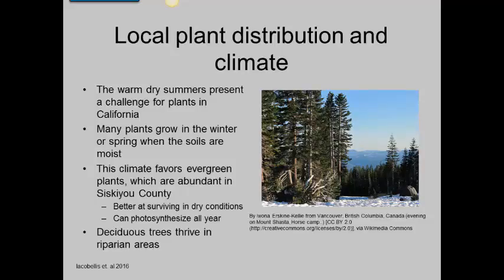The warm, dry California summers present a challenge for plants. As you read about in your book, plants require warmth and moisture at the same time in order to really thrive. So in California, they're getting one or the other. They're getting moisture in the winters, but it's not necessarily that warm.